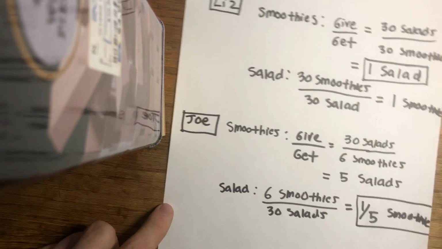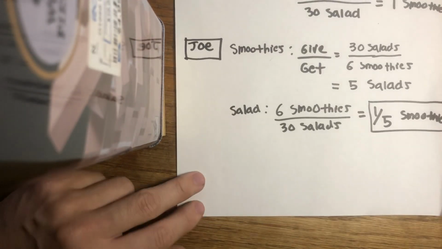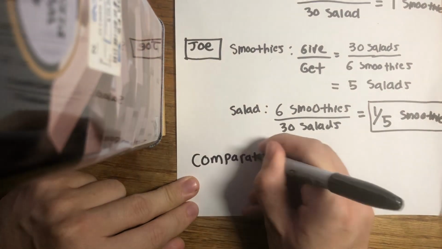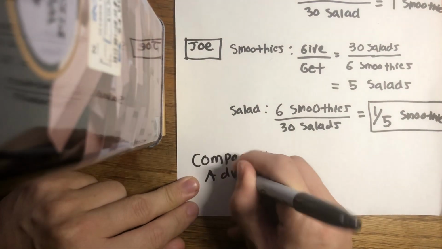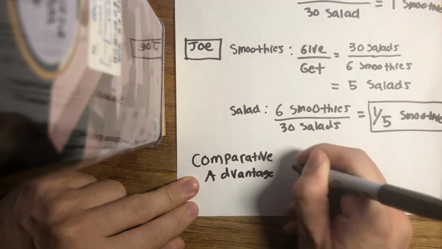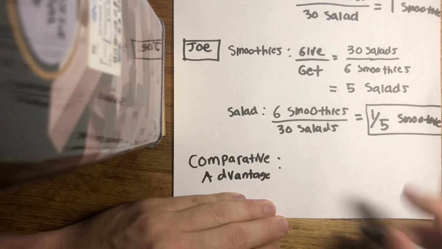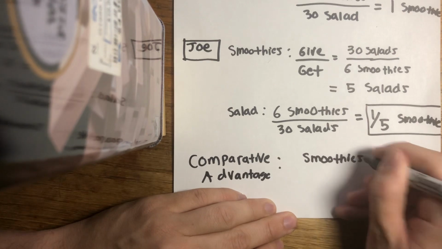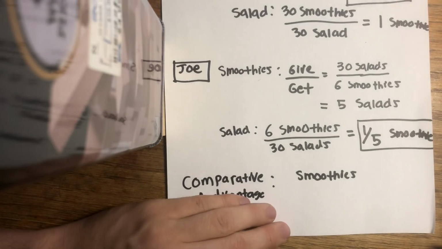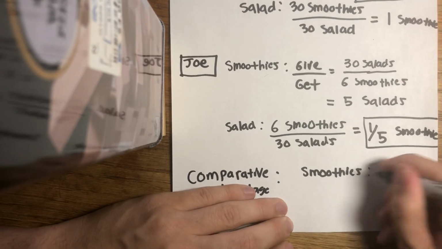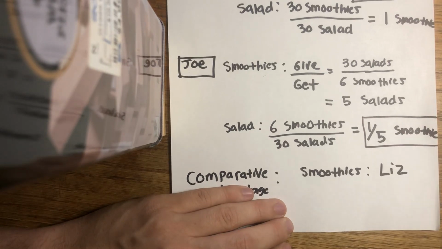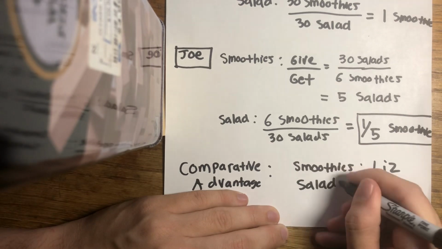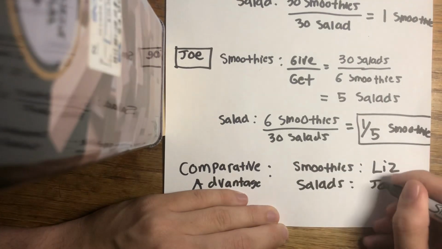So if we're looking at who has the comparative advantage, since Liz has only an opportunity cost of 1 salad, Liz has the comparative advantage in smoothies, whereas in salads, it's Joe.